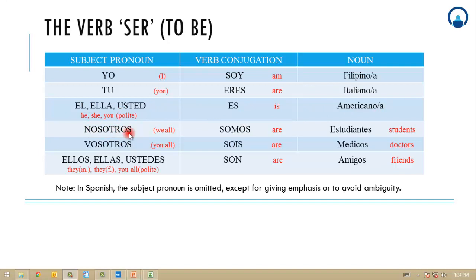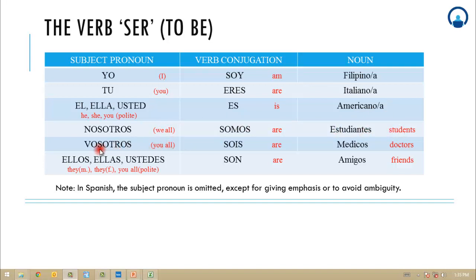Nosotros. Nosotros means we all. When we say that we are a group, we all, that's how it is. Nosotros has got the verb conjugation somos, that means are. Suppose we have a sentence with the example over here. Nosotros somos estudiantes, that means we all are students.